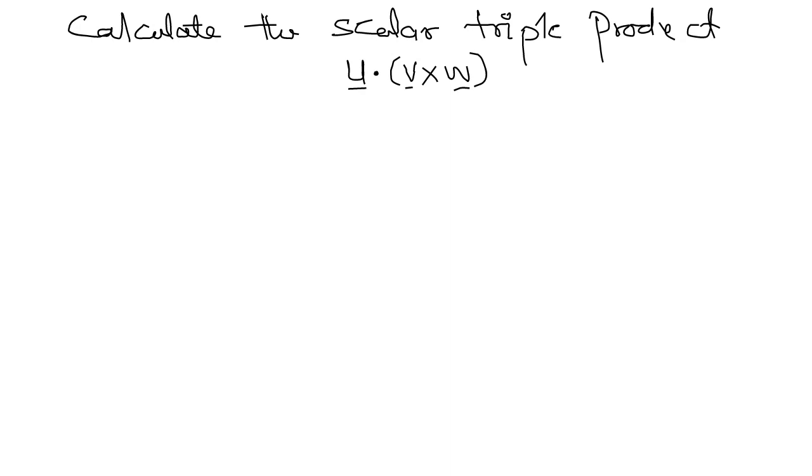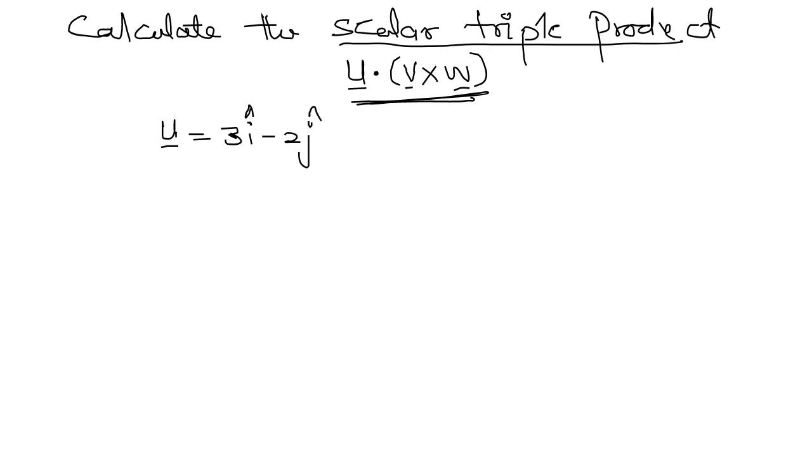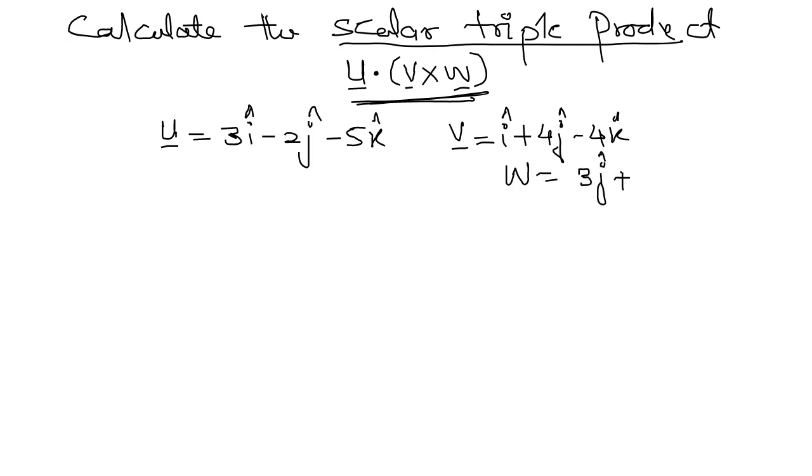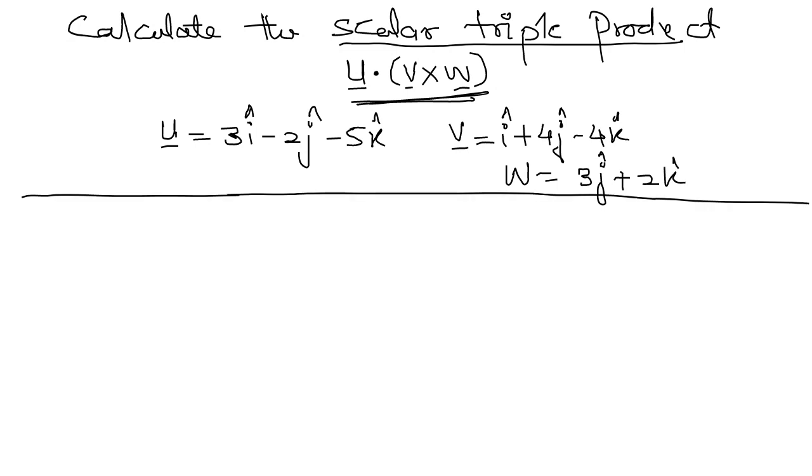That means the same meaning. Okay, so for example, u is given, which is equal to 3i minus 2j minus 5k, and v vector is given, that is i plus 4j minus 4k, and w vector is given, which is equal to 3j plus 2k, and you have to find the scalar triple product.